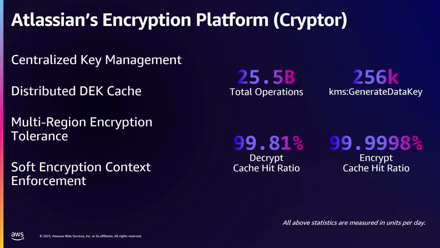So to bring some other large numbers to this equation, every single day, our Cryptor instances are encrypting 25 billion requests, or pieces of data. To translate that to API requests to KMS, that's 256,000 generate data key requests, where we're generating data keys inside of KMS and encrypting them with those master keys.